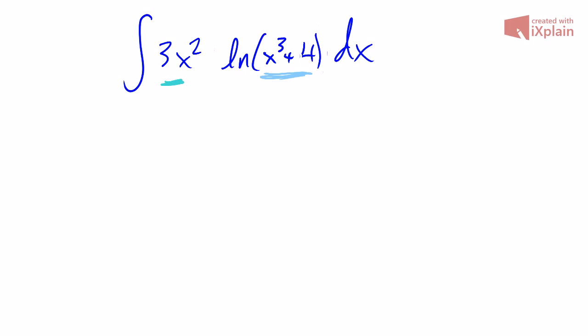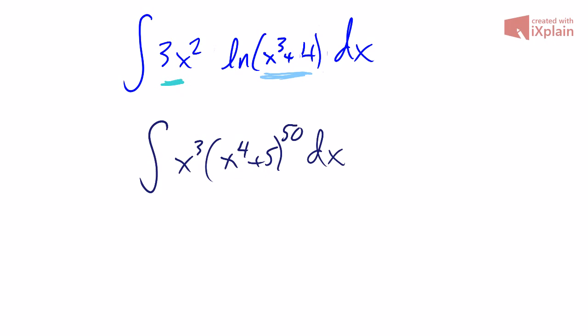Okay, how about, now what if I had something like this? The integral of x cubed, x to the 4th plus 5, to the 50th power dx. Okay, now even though that's the 50th power, I can avoid expanding that out, multiplying x to the 4th plus 5 50 times and combining like terms. I don't need to do all that, right?